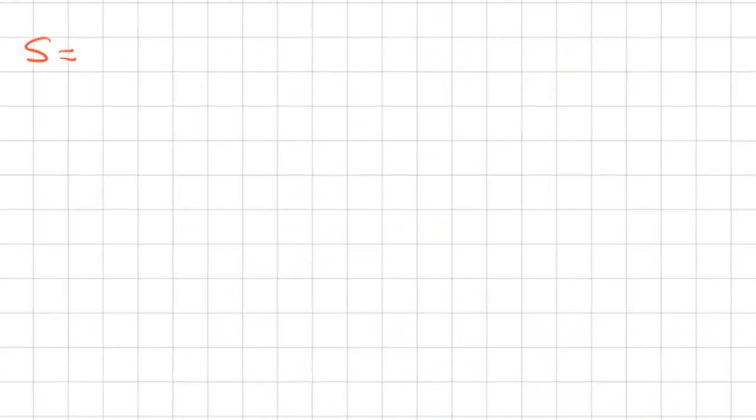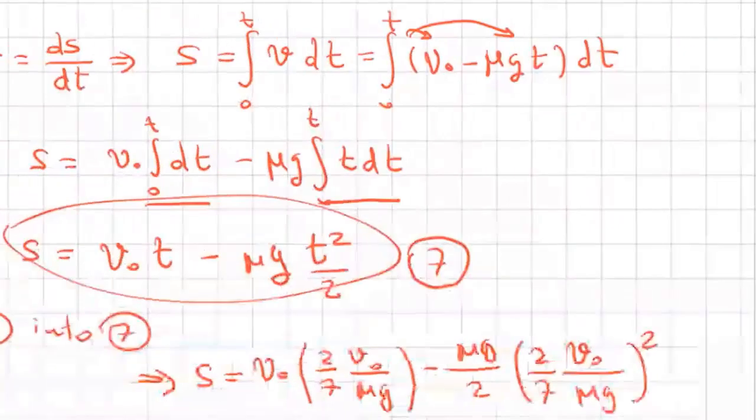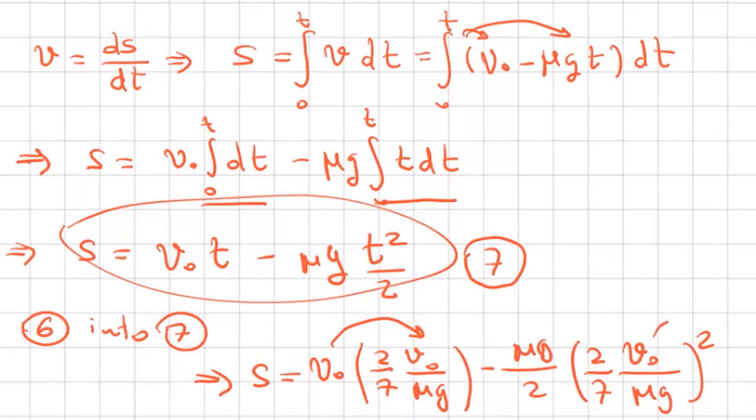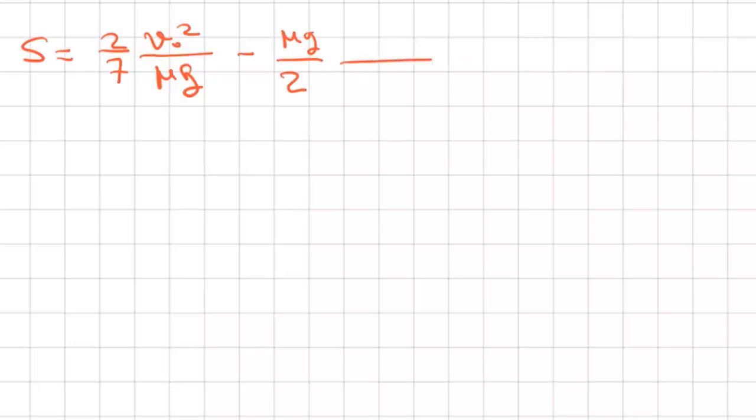Then the distance s is going to be something like, okay, let's do something real fast. v0 is going to be v0 squared. All these terms are going to be squared, right? So I'm going to get something like this: 2 divided by 7 v0 squared divided by mu g minus mu g divided by 2 multiplying 4 v0 squared divided by 49 mu squared g squared.